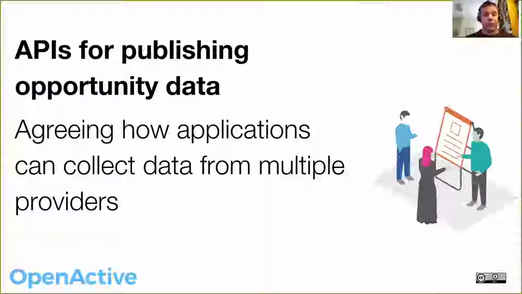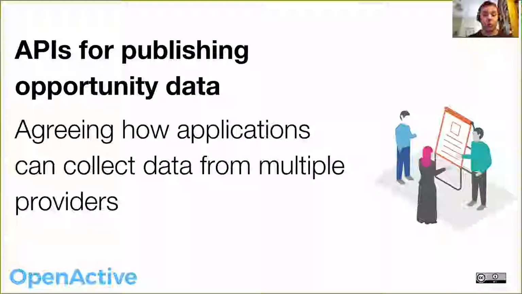But it's not enough to just agree on a consistent view of the world. We need to make sure that we're agreeing on ways to publish data as well, so that innovators can actually access the data and start to do useful and interesting things with it. So we're agreeing technical specifications that will help a variety of different platforms publish data in consistent ways.